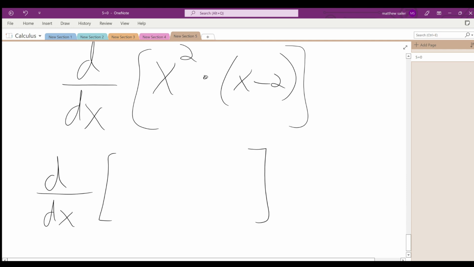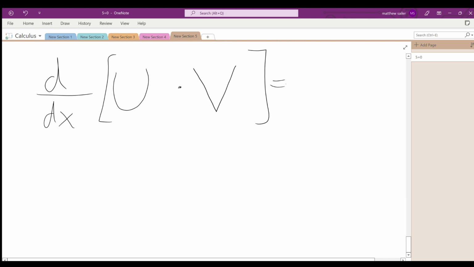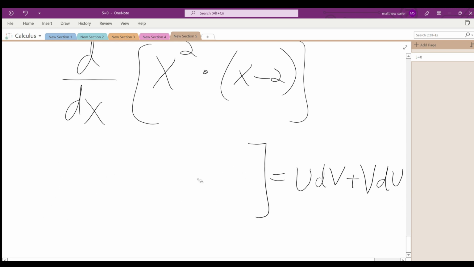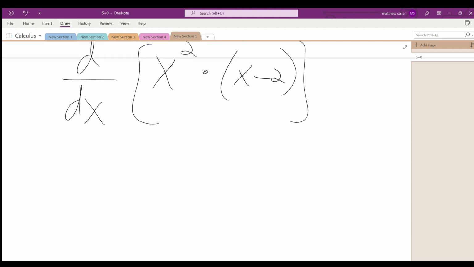I don't know why they chose two letters that are very similar, but u times v, and the answer is written as u dv plus v du. So in our case up here, we said u is x squared, and actually I'm going to use colors for this. Let me see if I remember how to do colors.